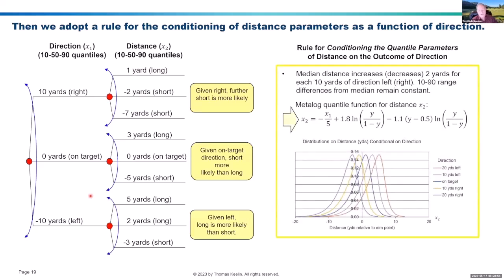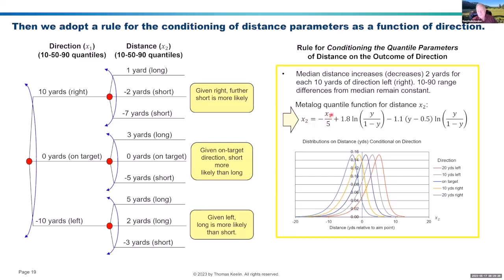And basically what I've given now is a rule for conditioning the quantile parameters of distance based on the outcome of direction. And that rule is simply, as stated here, the median distance increases by 2 yards for each 10 yards of direction left. The 10-90 range differences remain constant. If you go through those equations that I just showed, it leads to a very simple metalog equation for this probability distribution, which now depends on x1, the result of direction.